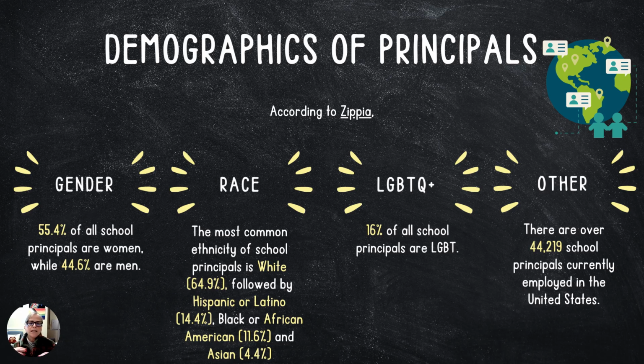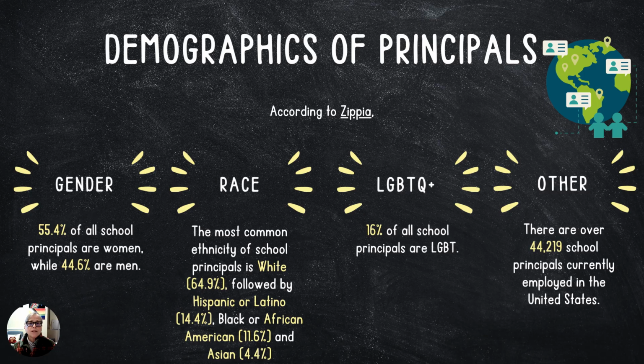So we want to really focus in on all of the identities that make us who we are. So it's important for us to know how many principals actually identify as non-binary or trans and how many are male and female. Then you're going to talk about the demographics by race.